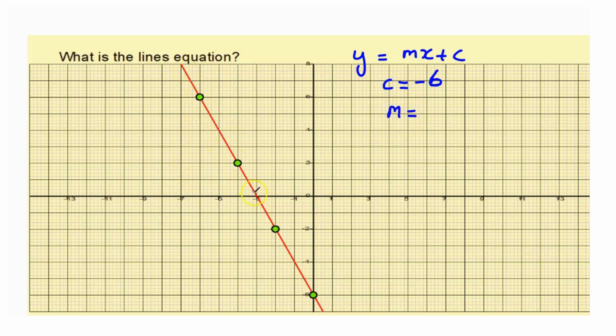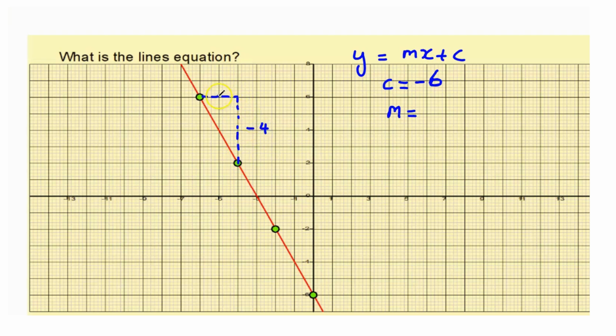The line is sloping downwards, so we can make a right angle triangle and identify the value of m. So here, if I make a right angle triangle from here, going downwards to here, we can see that the change in y here would be 1, 2, 3, 4 units. So that's minus 4 because it's going downwards.